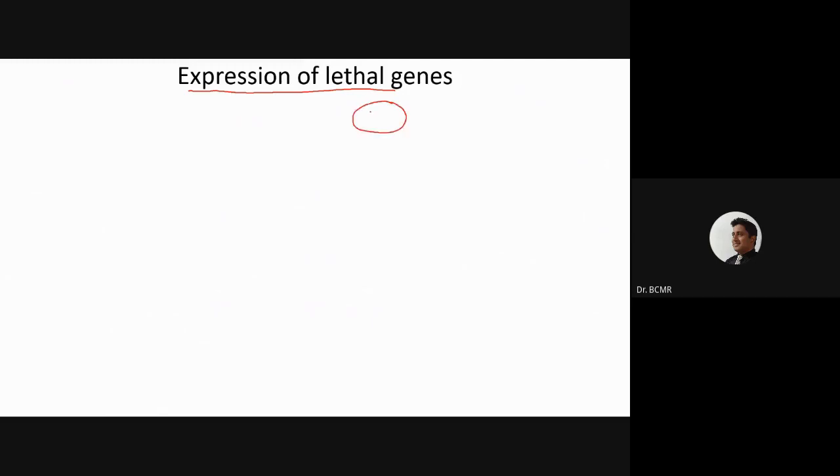There is a gene X. It produces a protein X, and if that is produced, the cell dies. Say if this cell expresses 2 copies of protein X, then the cell is killed. These are toxic proteins or lethal proteins. So we say lethal genes.